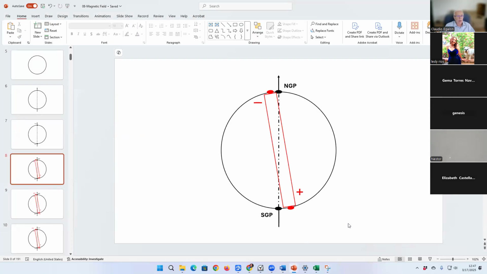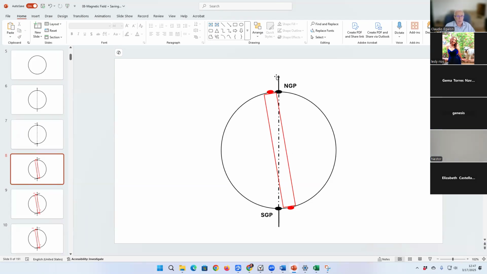And what else you have to know? Here you go. Points very close. Why does it point very close? That's because the north and south magnetic poles are very close to the north and south geographic pole. Okay, very close to the north and south geographic pole. And there is one more important thing about the Earth's magnetic field.